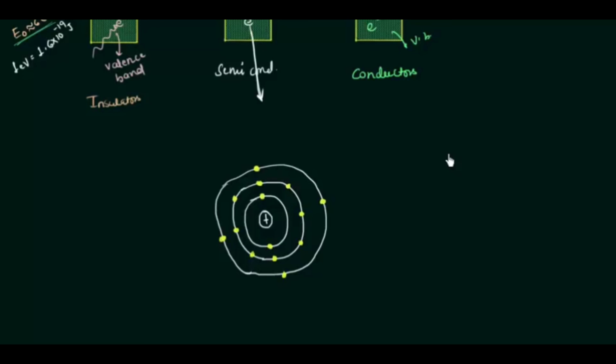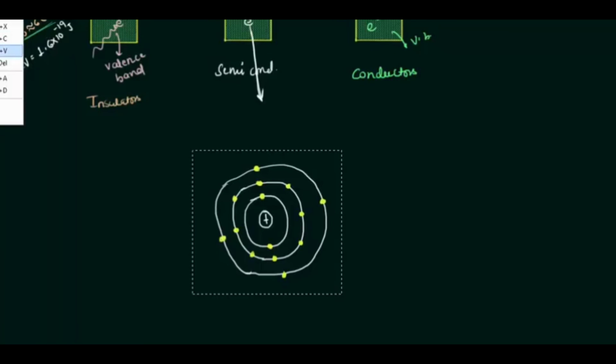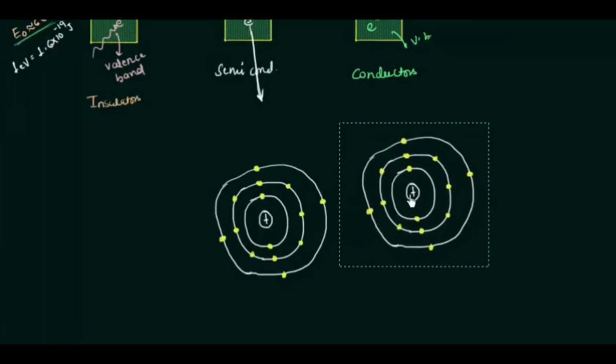You will donate the electron to some other entity completely, whereas in case of covalent bond we just share the electron. So we are going to see how by the covalent bond we can have the 8 electrons in the outermost orbit. I will copy it down and then I will paste it.